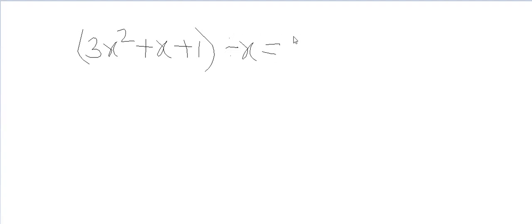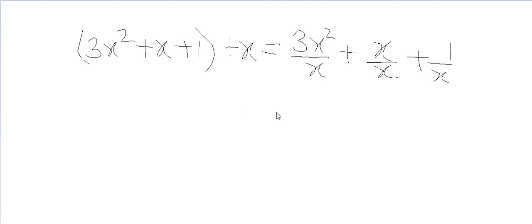Similarly, if I want to divide 3x squared plus x plus 1 by x, I'll write 3x squared by x plus x by x plus 1 by x. 3x squared by x will give me 3x, plus 1, and 1 by x. Here I cannot divide 1 by x.